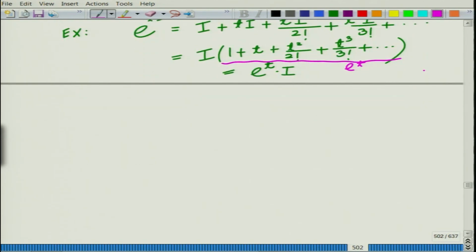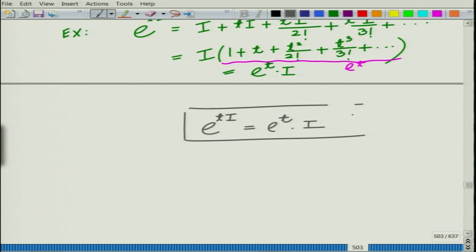So, naturally e raised to the t I is simply e raised to the t times I. Okay, very simple, something that you would probably expect. E raised to the t I, you take each element, it is basically a diagonal matrix with entries t, t, and therefore, it is nothing but e raised to the power of t times I. Okay.